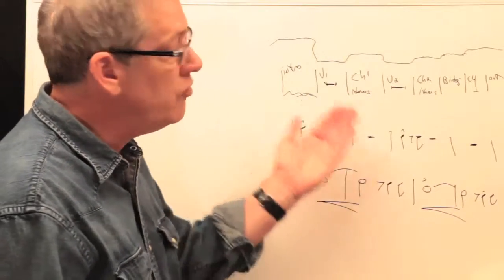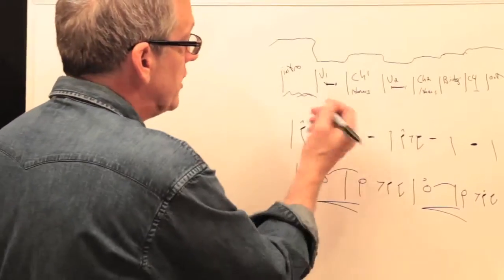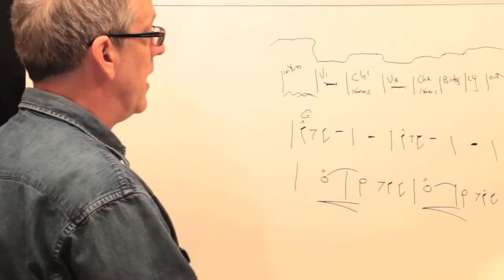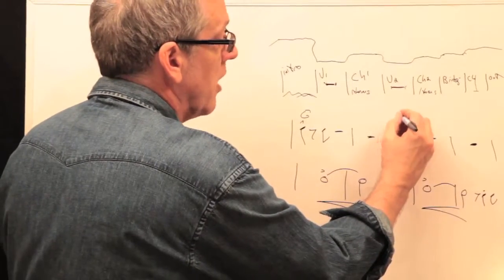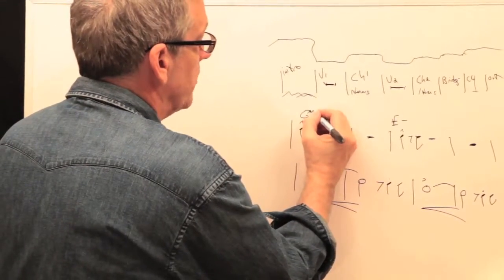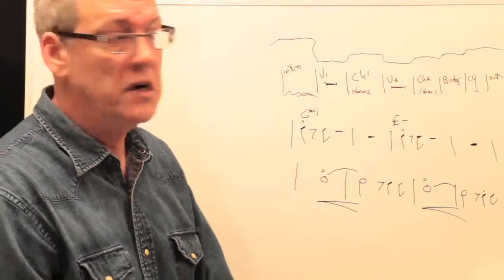So if you do that, now we can go down and basically we know, let's say in the chorus, it's a G7 chord, okay? And let's say it goes to the E minor chord here. Or let's say it's G, let's make it easier. G major, 1 to 6 in the chorus.